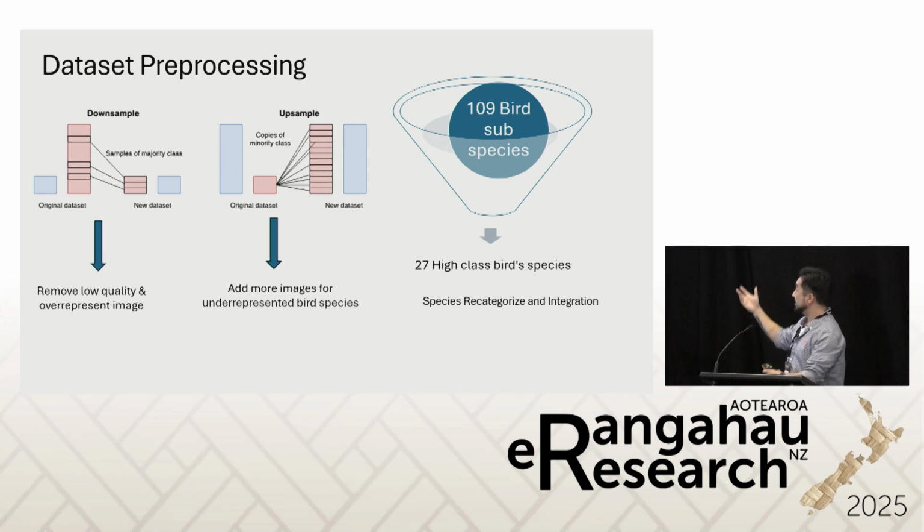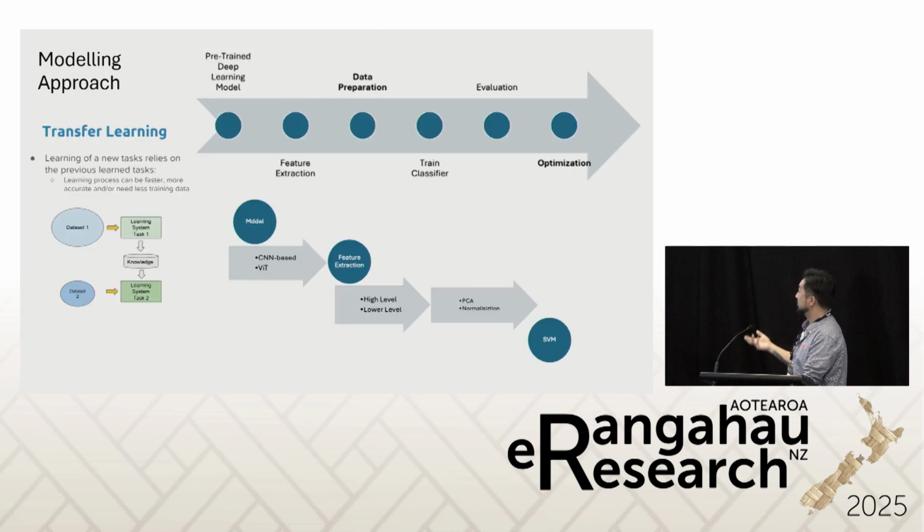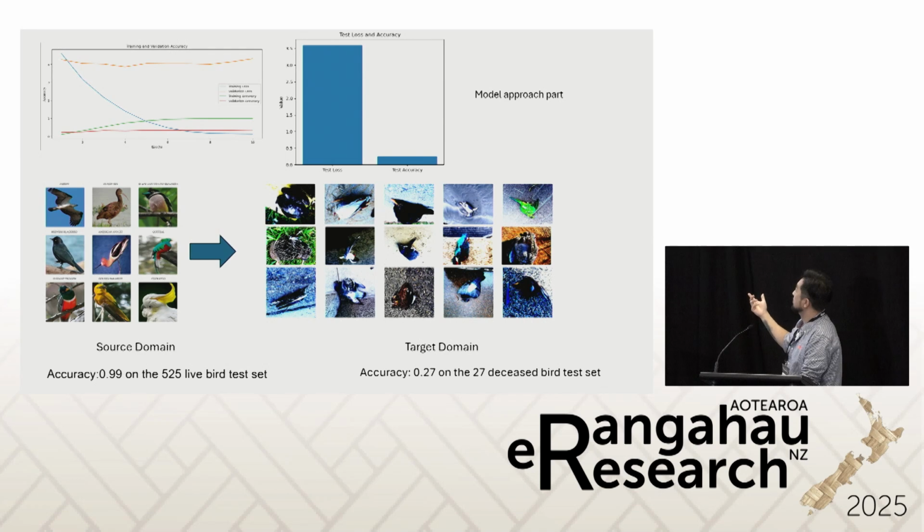And the last one is that, because we don't have that much data, we had to recategorize those 109 bird subspecies into 27 higher-class species, due to the limitation of the data.